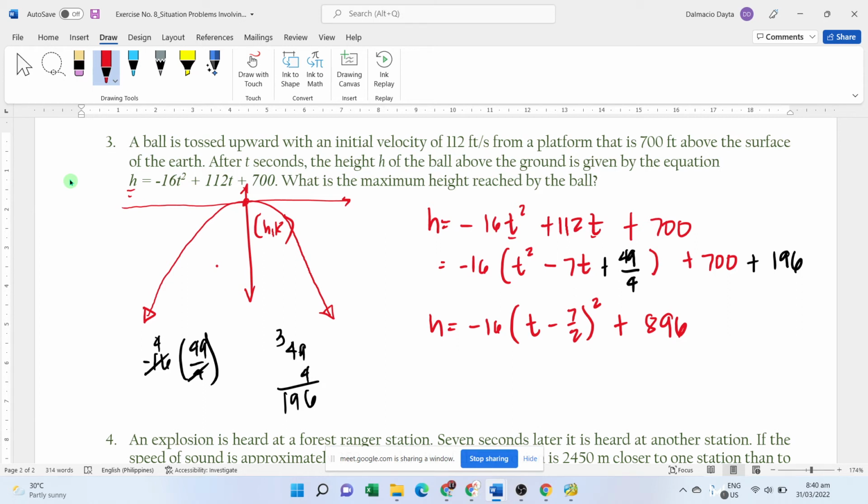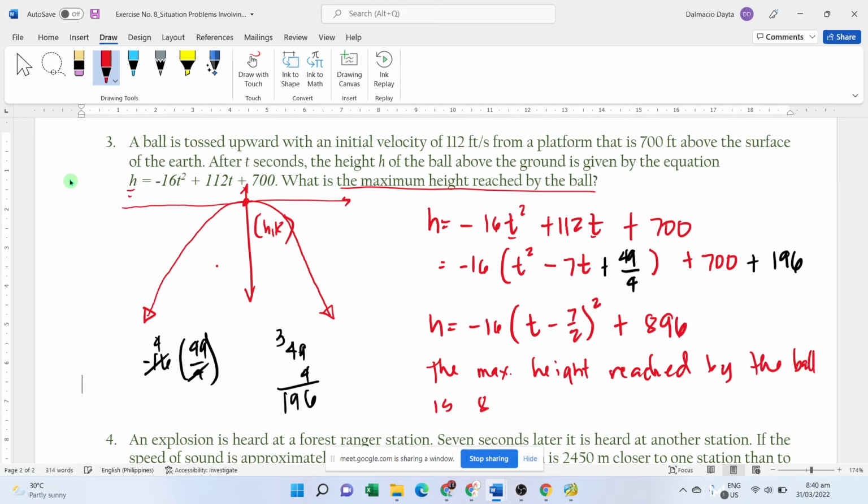So the answer, the maximum height reached by the ball is 396 feet.